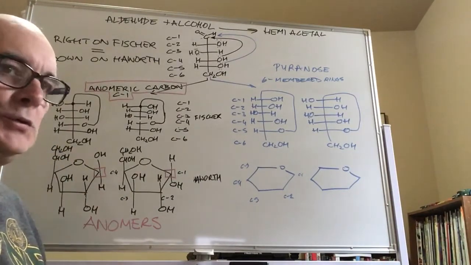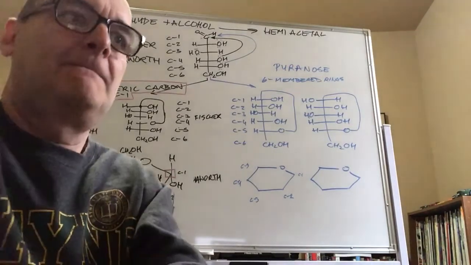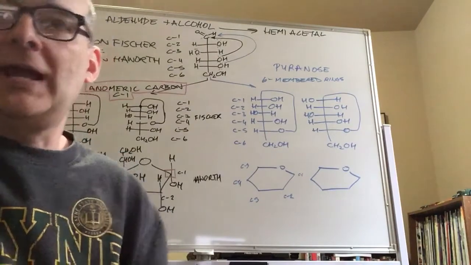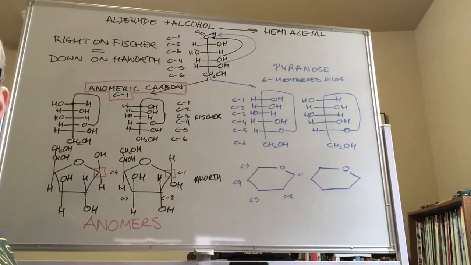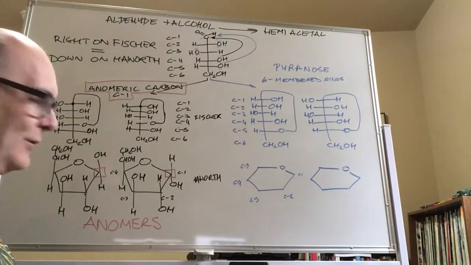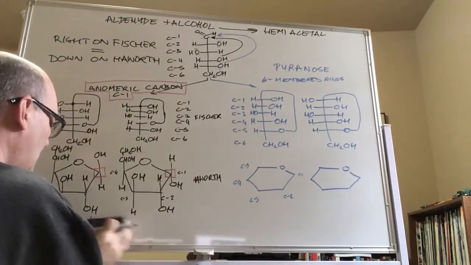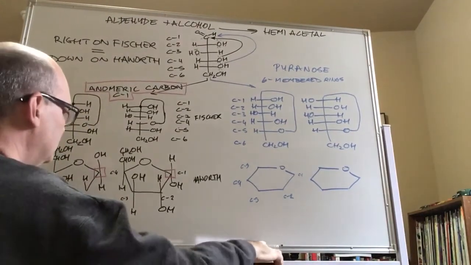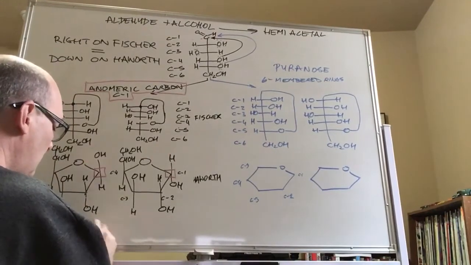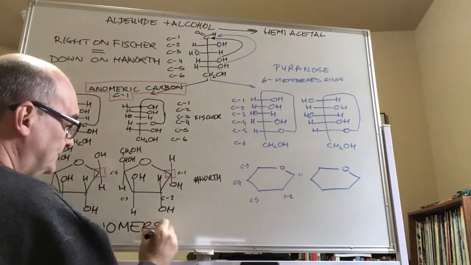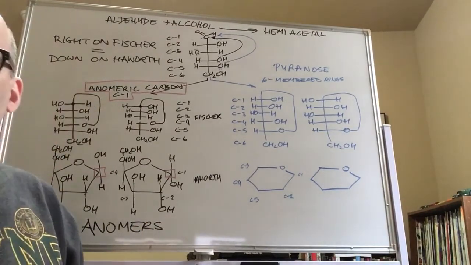We call those anomers. And I wrote on the board at the bottom the word anomer. You really can't see that. I wrote it in pink, but it's being washed out. These are anomers.